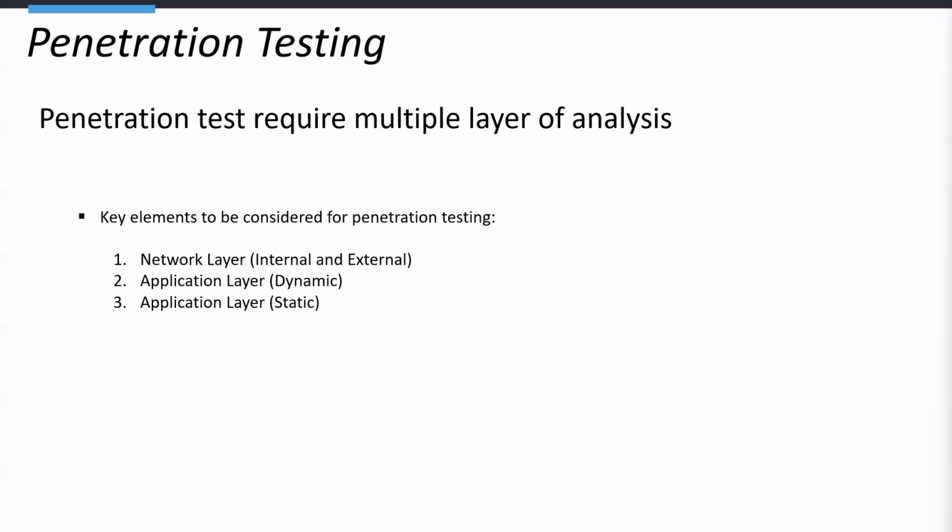Next is the static application layer. SAST can be thought of as testing the application from the inside out, by examining its source code, bad code, and so on, for error-prone code and to detect security vulnerabilities.